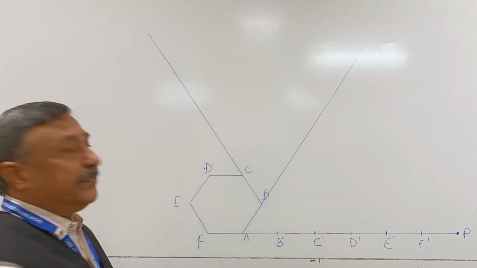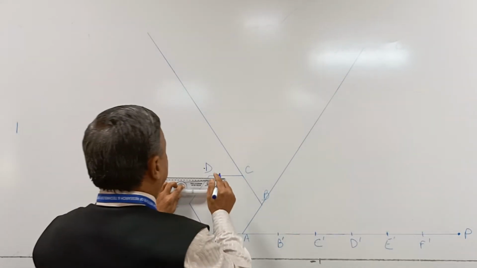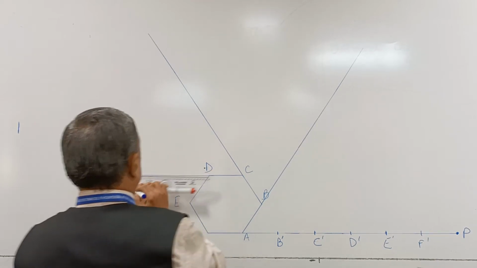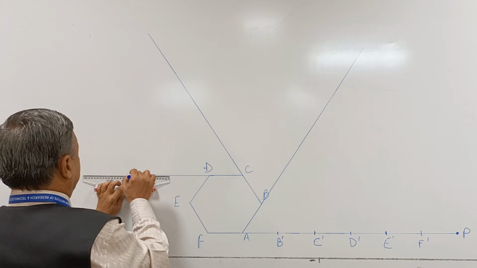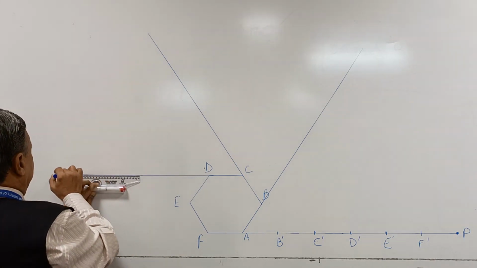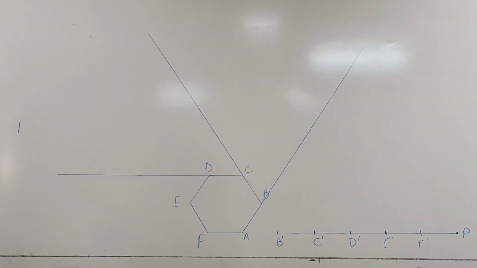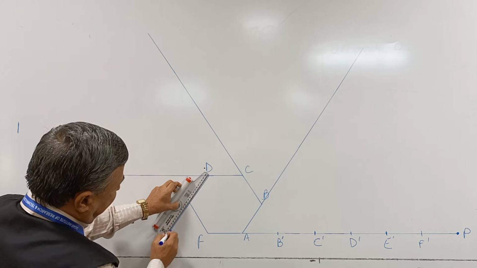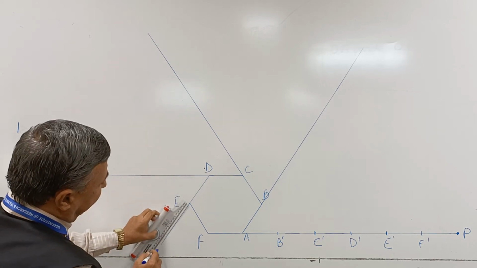Now extend BC. Now CD. And in this way, we extend all lines. DE also.